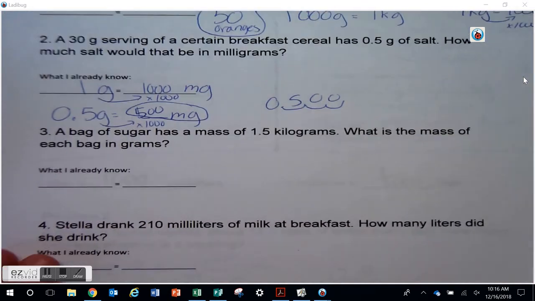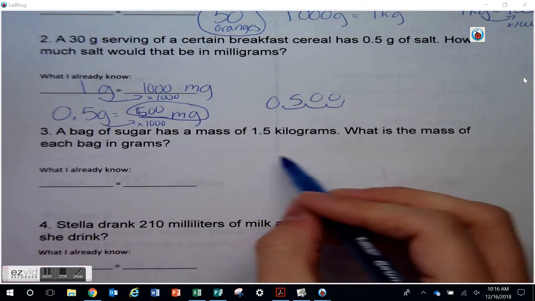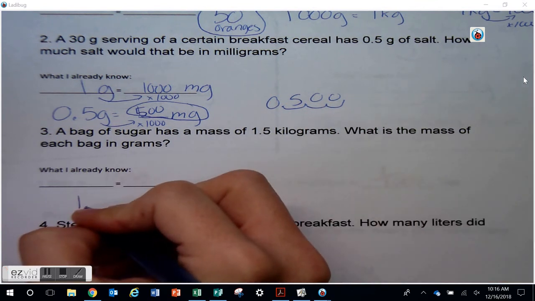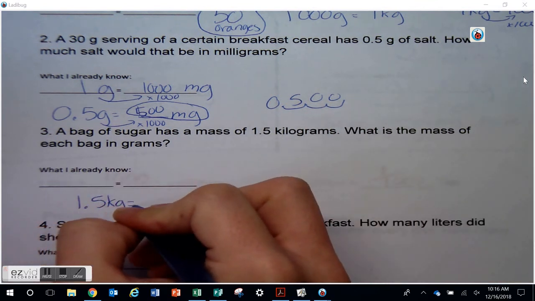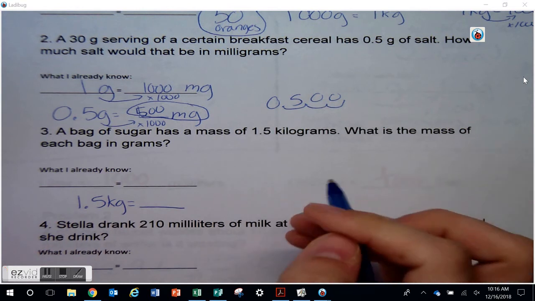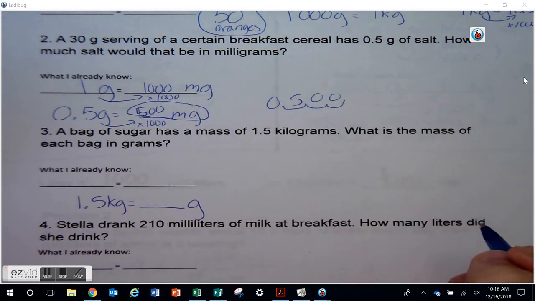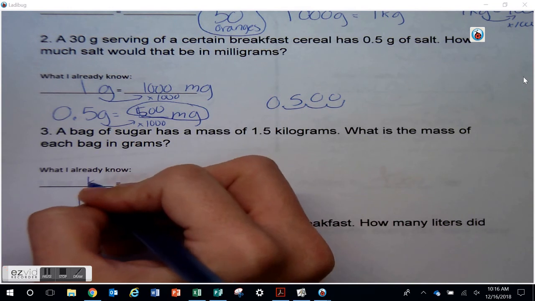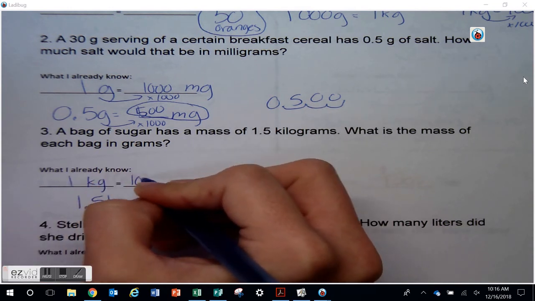A bag of sugar has a mass of 1 5/10 kilograms. What's the mass of each bag in grams? So here, we're going to do kilograms. 1 kilogram equals 1,000 grams.